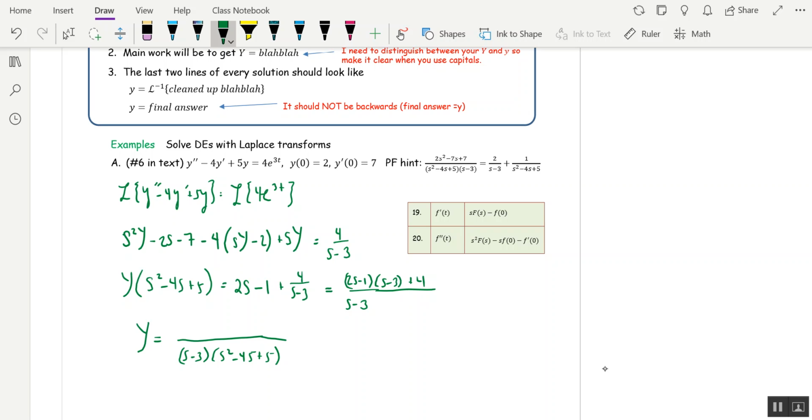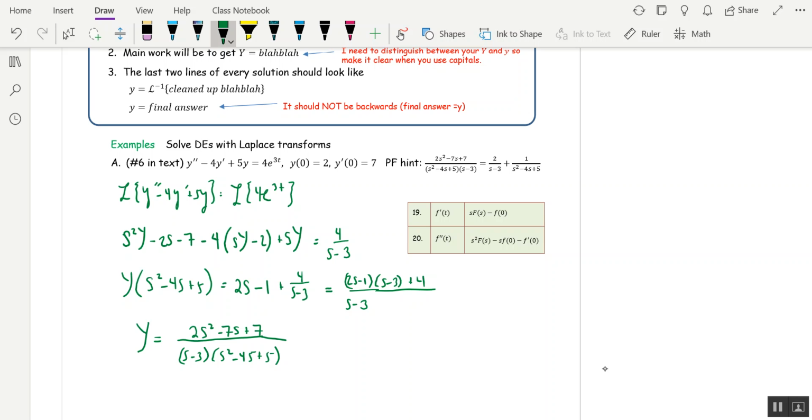Then on top, let's clean this up. This is going to be 2s squared minus 7s, and then plus 3 plus 4 is plus 7.